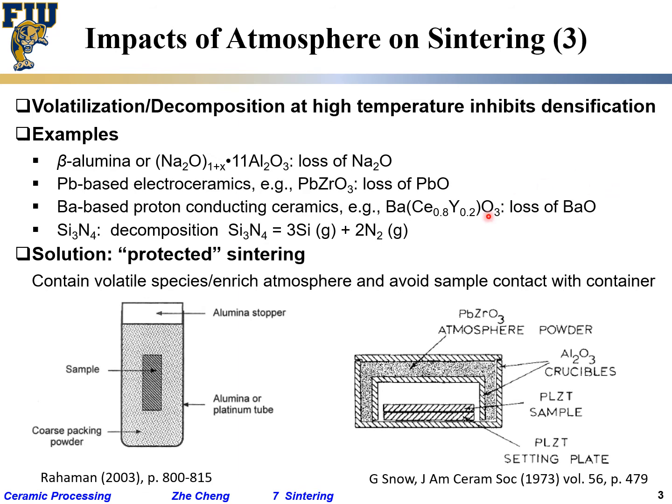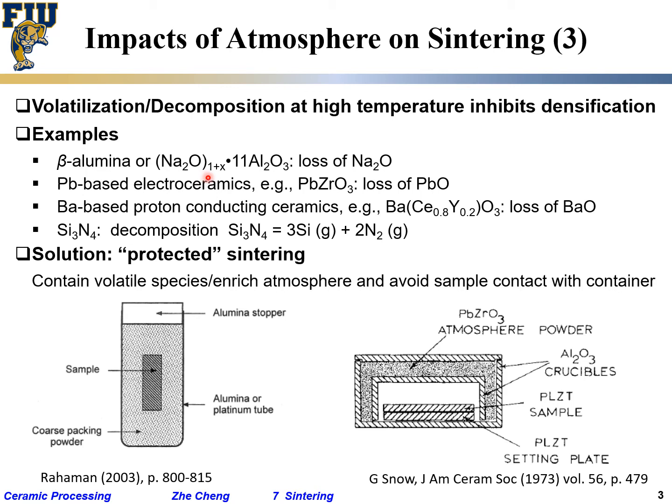And then I give some additional examples of the impacts of atmosphere on sintering. Some materials would have so-called volatilization or even decomposition at high temperature. Here we give you some examples. One is beta aluminum, which is essentially aluminum oxide, but with a lot of sodium oxide in it.